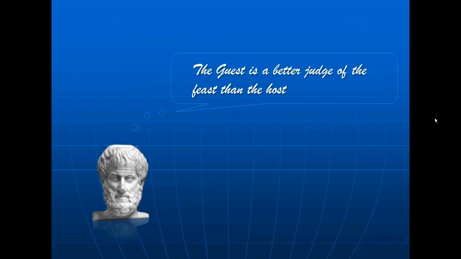To sum up the 360-degree appraisal system, we take a quote from Aristotle that the guest is a better judge of the feast than the host. That's the gist of the 360-degree appraisal system. We're trying to obtain feedback.